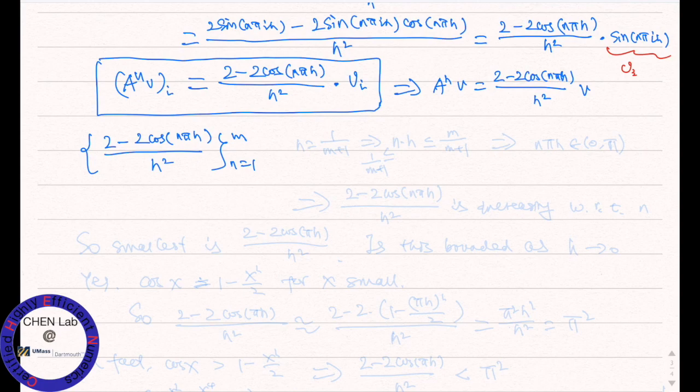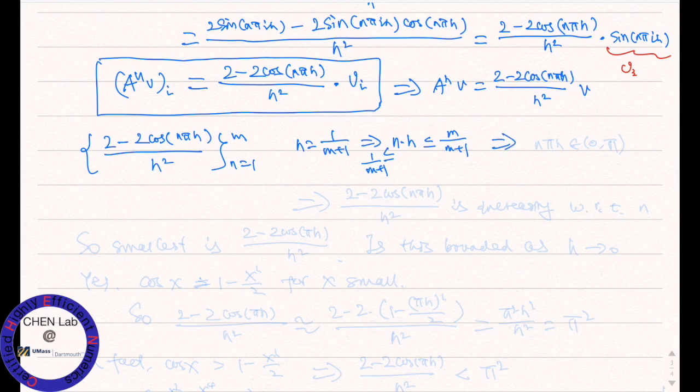And because h is 1 over m plus 1, n times h, with n from 1 to m, is less than or equal to m over m plus 1, and n is larger than or equal to 1 over m plus 1. In particular, they're all between 0 and 1.